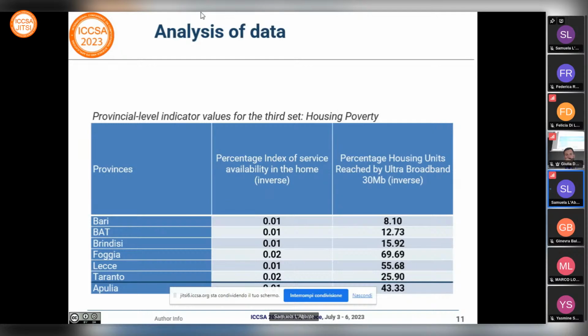The case for the percentage value of housing units reached by broadband is different. The province of Foggia is always distinguished, suffering from greater hardship, including housing, and the province of Bari, on the other hand, differs from the others in terms of better housing condition, but also economic and social condition.